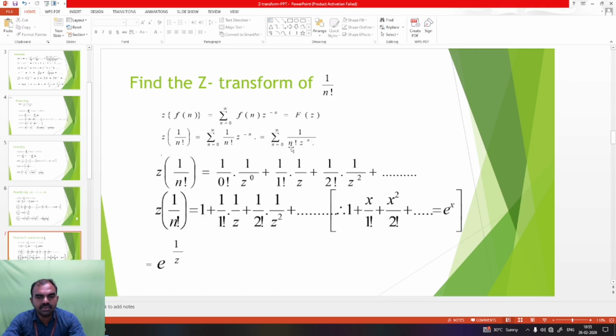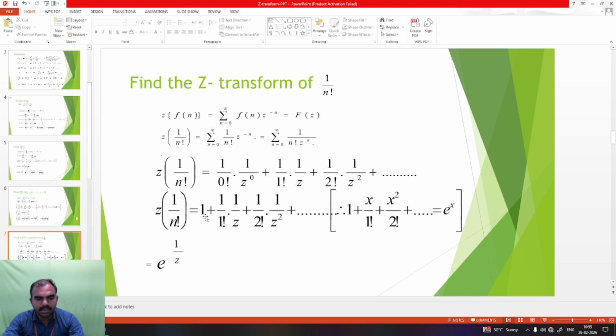Now apply n value 0. So 1 by 0 factorial z power 0, plus, let's apply n equal to 1, 1 by 1 factorial and 1 by z power 1. Next n value 2, 1 by 2 factorial 1 by z square and so on. So 0 factorial value is 1, and anything power 0 is 1.